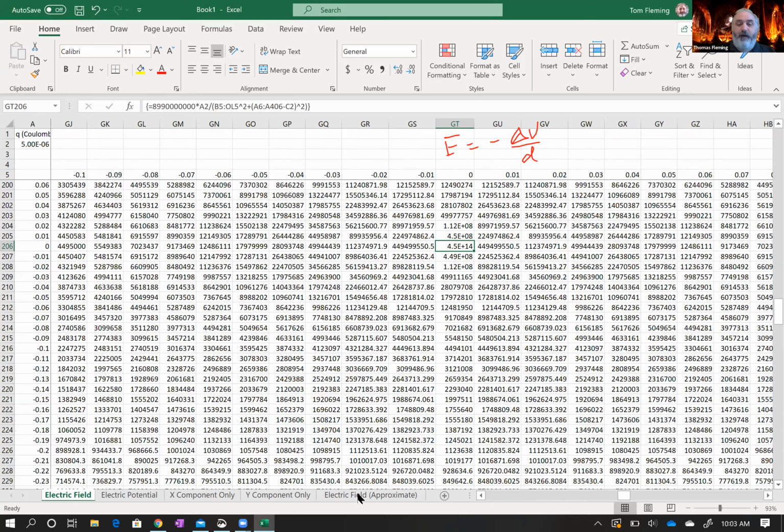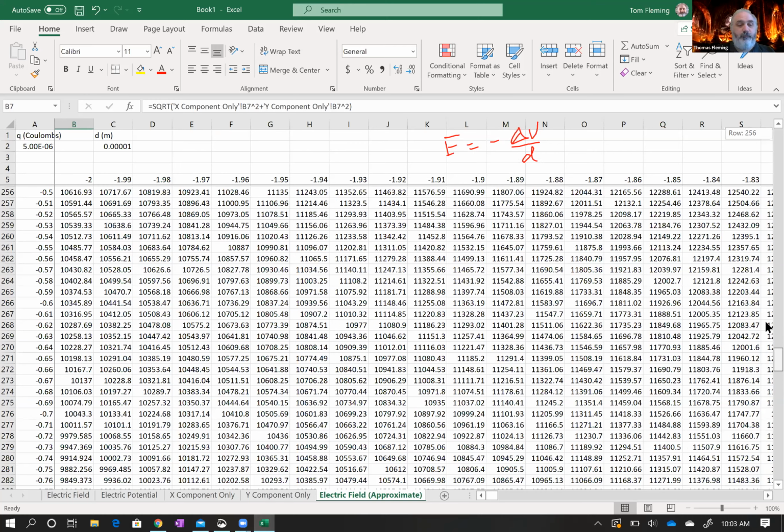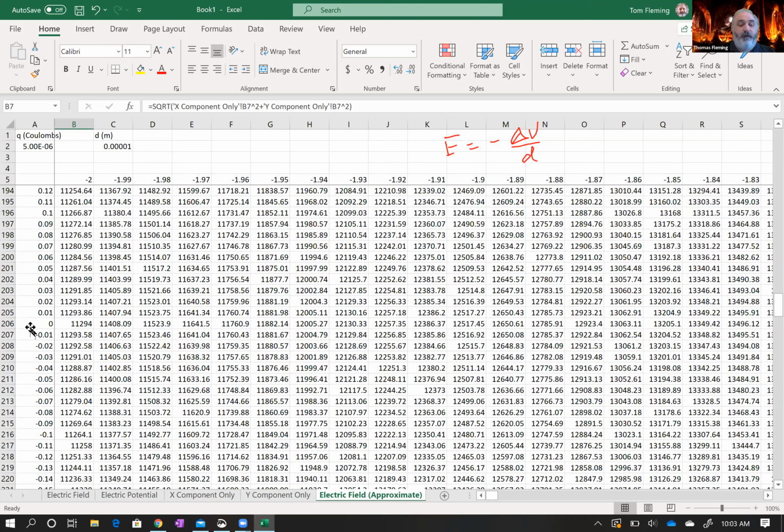If I look at the approximate electric field in that same location, I passed it. There we go. So there's the x-axis.